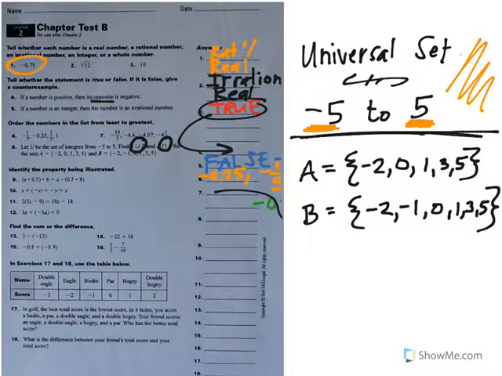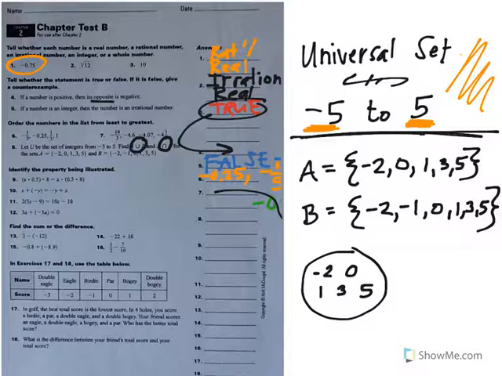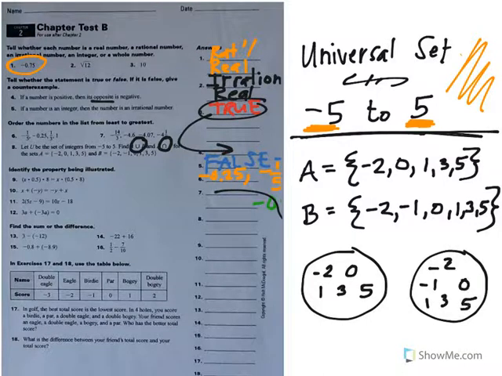Now, within this, we have basically one circle that contains negative 2, 0, 1, 3, and 5. Then in the other circle, you have negative 2, negative 1, 0, 1, 3, and 5. In a moment, I'm going to make a Venn diagram, but for now, just understand this is separate from this. If we put everything together, that's the union of them both.